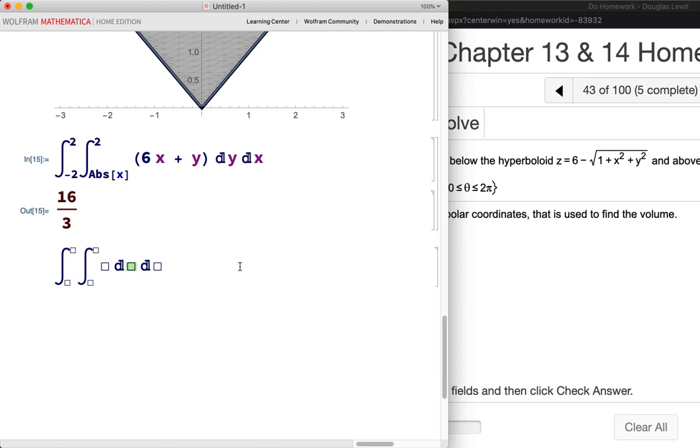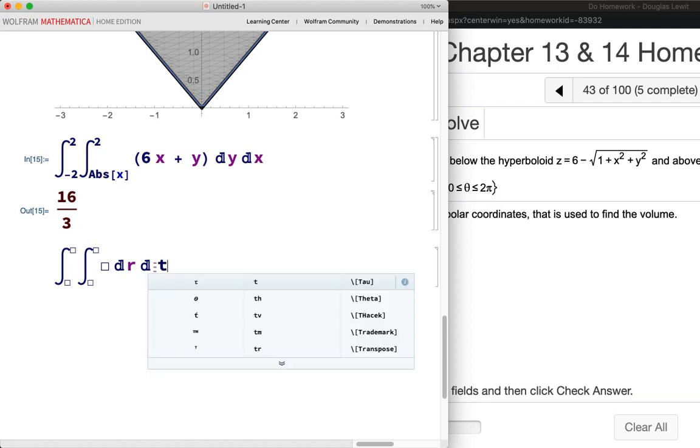First we're integrating with respect to r, and then we're integrating with respect to theta.